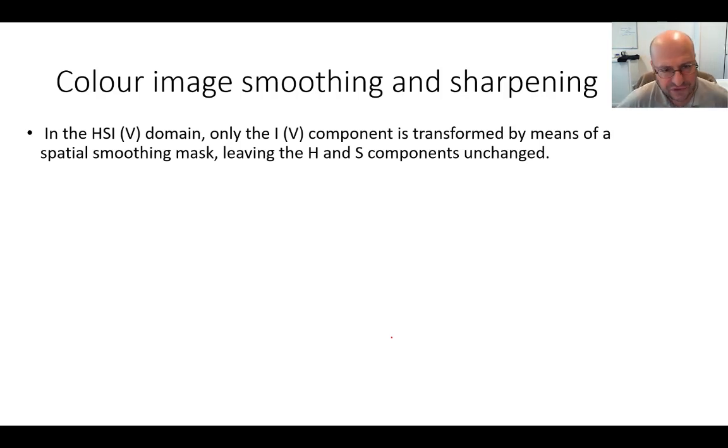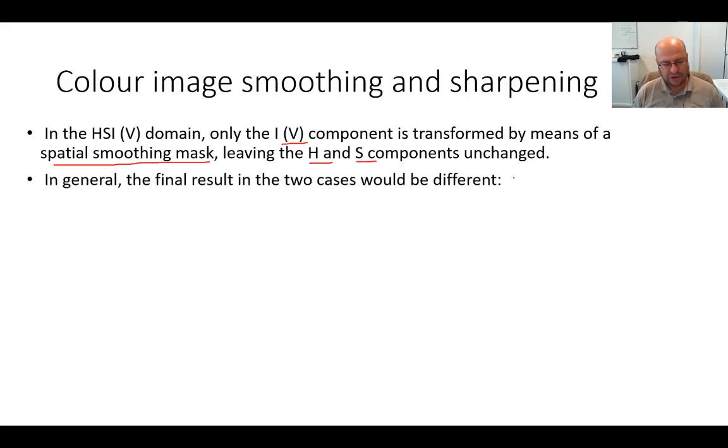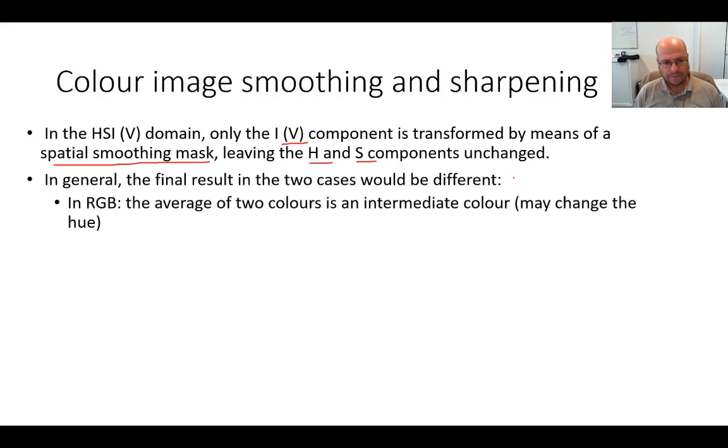In the HSV domain, you can apply all of these transformations only on the V component if you want to apply a spatial smoothing mask, leaving H and S components unchanged. In RGB, you have to apply the transformation on the 3 components, but then the final result will be different. In the RGB space, the average of 2 colors is an intermediate color.